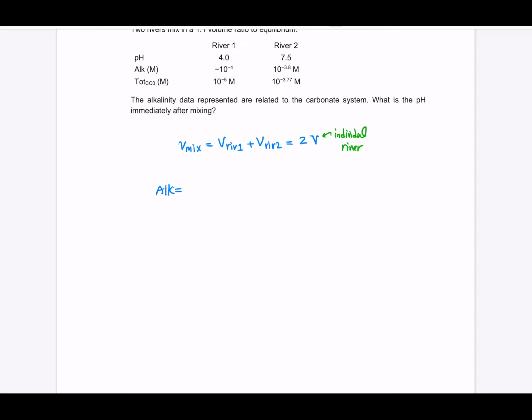So in terms of the alkalinity, 2V times the alkalinity of the mix is equal to V times the alkalinity of river 1 plus V times the alkalinity of river 2, or the alkalinity of the mix would basically be the average.